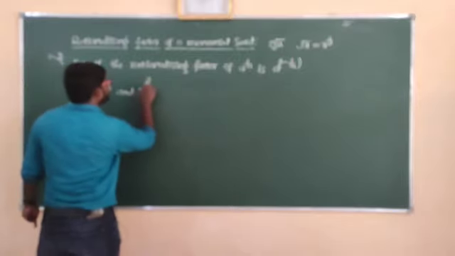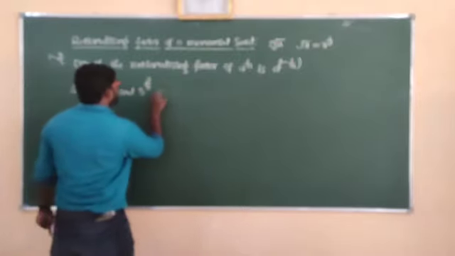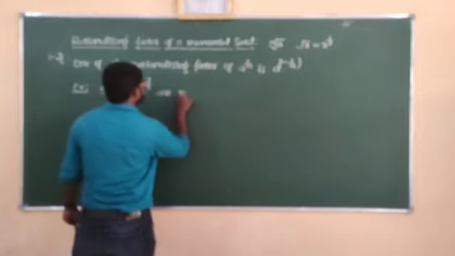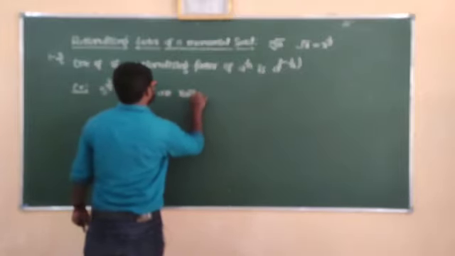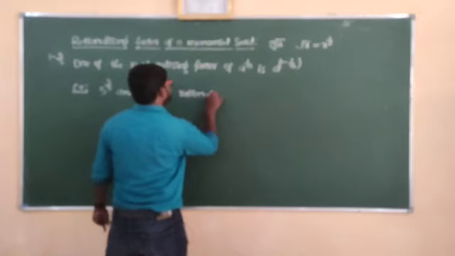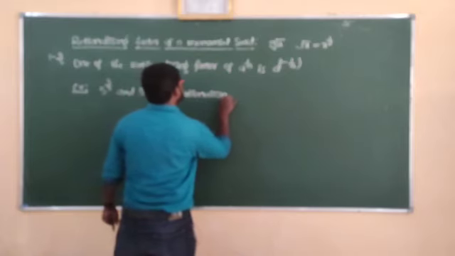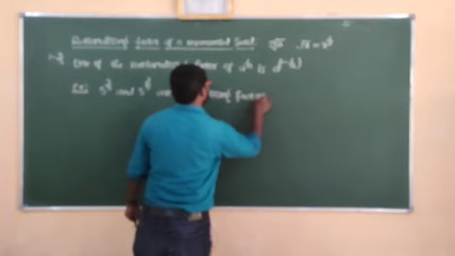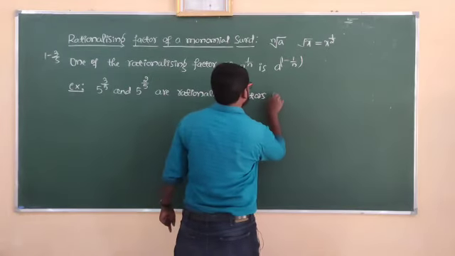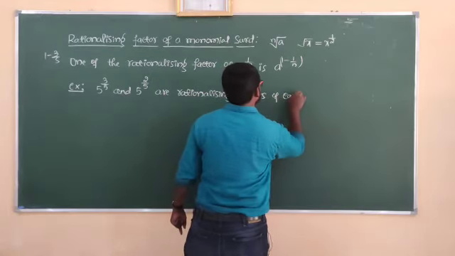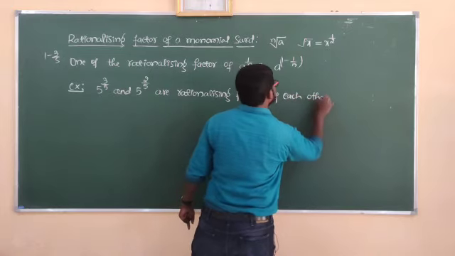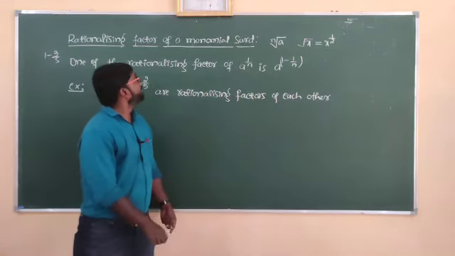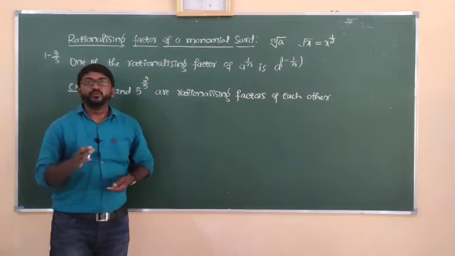So 5 to the power 3 by 5 and 5 to the power 2 by 5 are rationalizing factors of each other. This is all about the rationalizing factor of a monomial surd.